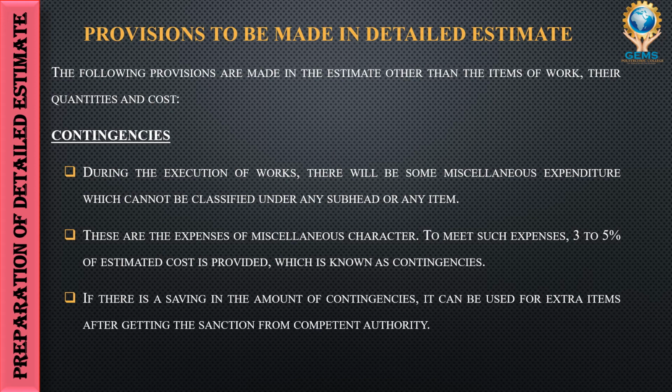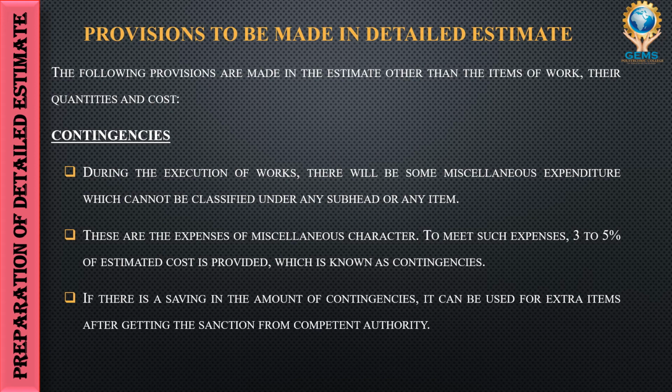So what are the points here? During the execution of works, there will be some miscellaneous expenditure which cannot be classified under any subhead or any item. During execution of the work, we will have something which cannot come under any of the items of work, right? Extra ones. So that will be added to contingencies. Then the second point: these are expenses of a miscellaneous character.